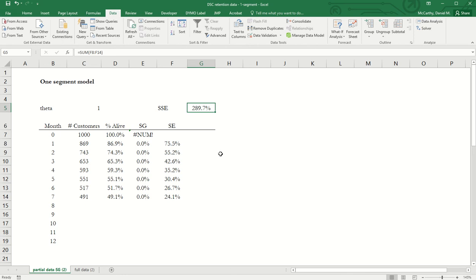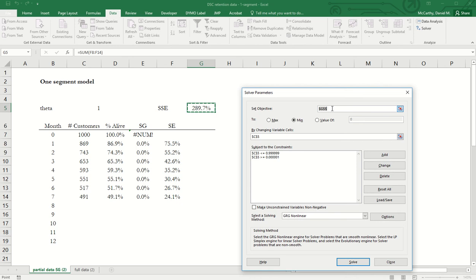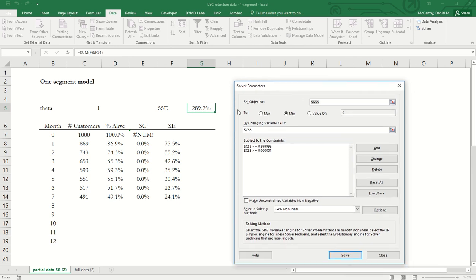And the way that we find out what that somewhere in the middle is, is by using Solver. Essentially, what Solver allows us to do is make the sum of the squared error as small as possible. So I'm setting the objective to a minimum by changing the value of theta.